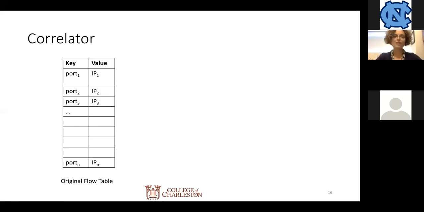The correlator initially has a snapshot. It uses the OpenFlow API to get a snapshot that it saves in a hash table, using the ports as key values and the IP addresses as the values of the hash table.